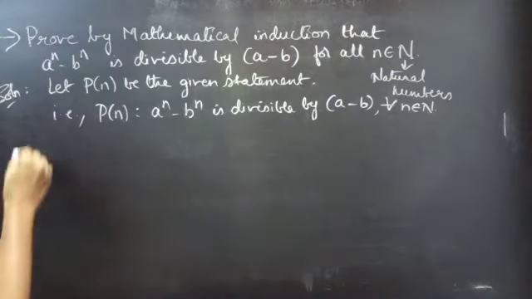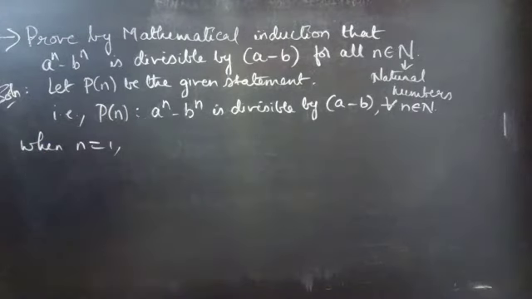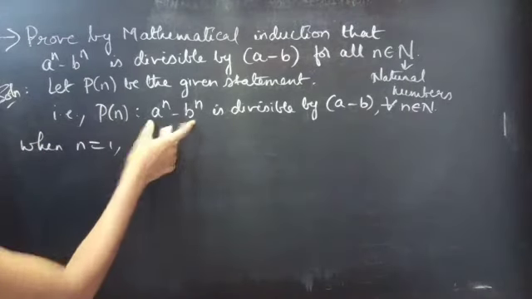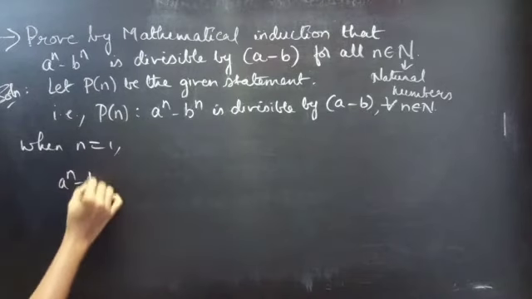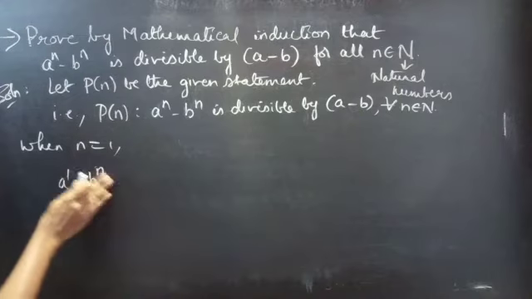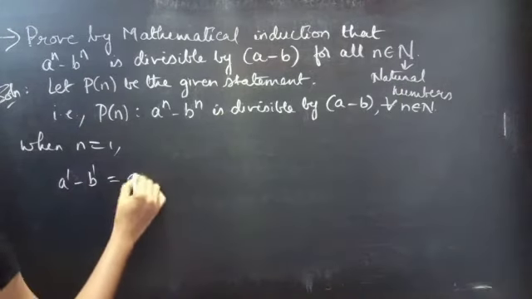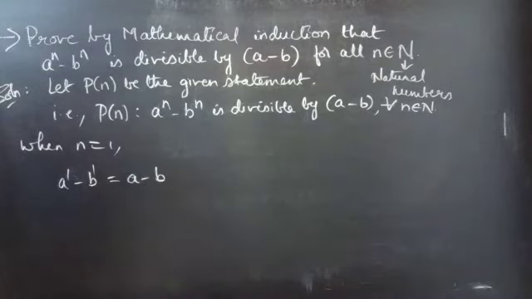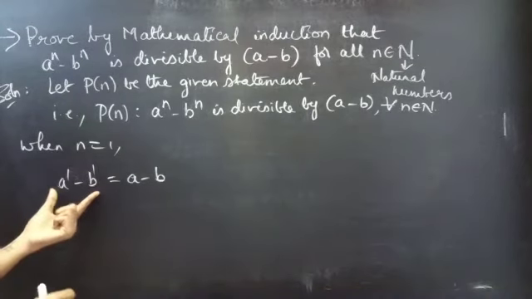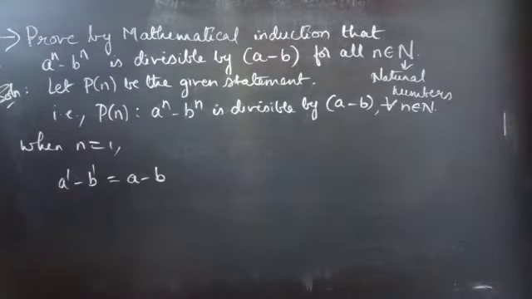Now when n equals 1, consider a^n minus b^n and put n equals 1. Then you'll get a^1 minus b^1 equals a minus b, right? We have to check whether a^1 minus b^1 is divisible by a minus b or not.